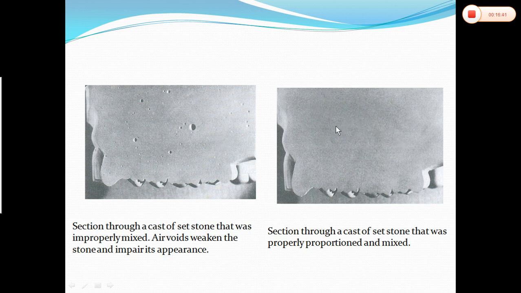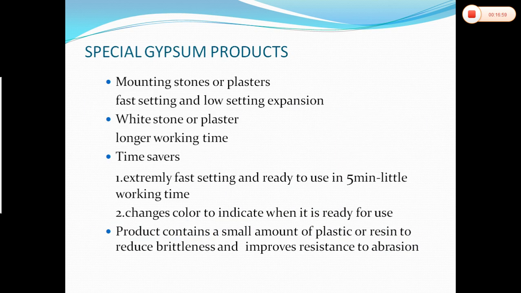So this has more strength compared to the first one because of lack of porosity. And this can be achieved because of proper proportioning of water and powder and neat mixing.